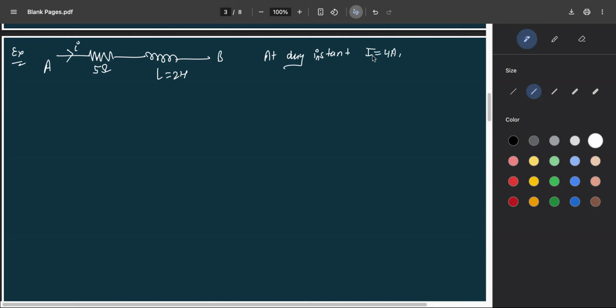Clear? I is 4 ampere, and the change in current per unit time, di by dt, is coming out to be 0.5 amperes per second. Clear? You need to calculate the x value. Find x.